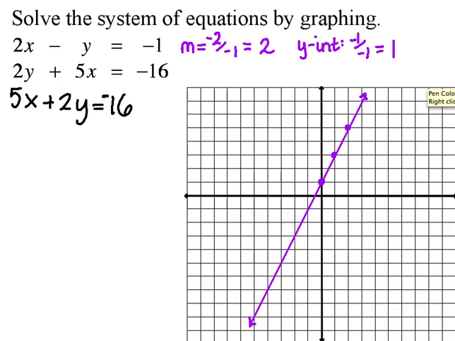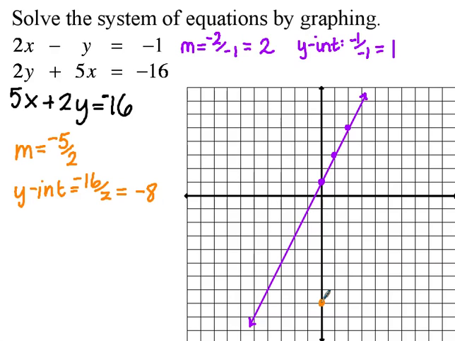All right, so let's look at this next one. The slope in this case is what? -5 over 2, good. And then the y-intercept will be 16 over 2, which is -8. So I'm going to go down -8: 1, 2, 3, 4, 5, 6, 7, 8.